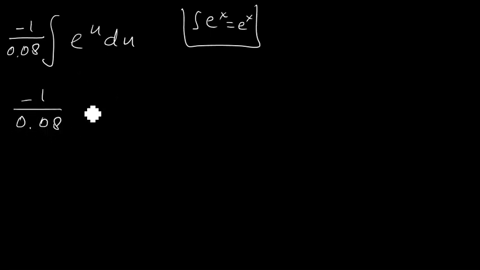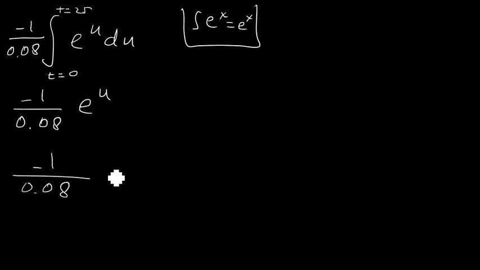So this becomes e to the power of u, but before we put the numbers in, with limits 0 and 25, I think we can change this back into the initial form first. So this becomes e to the power of minus 0.08 t.